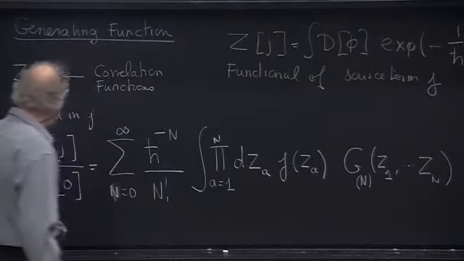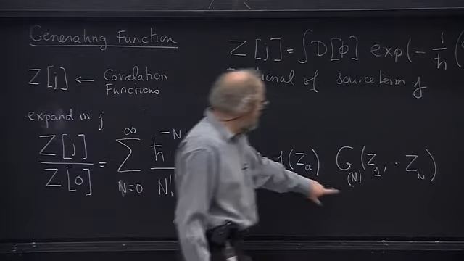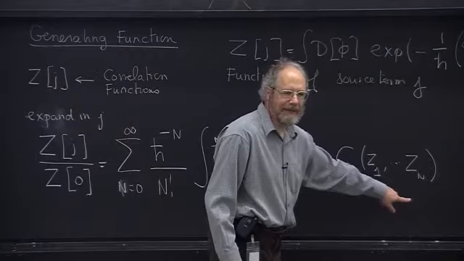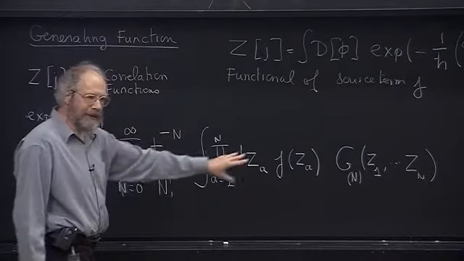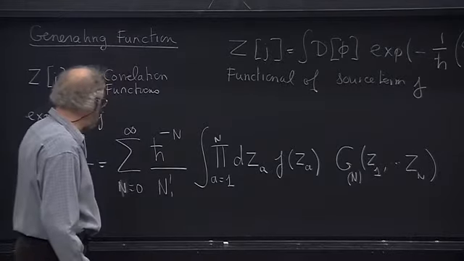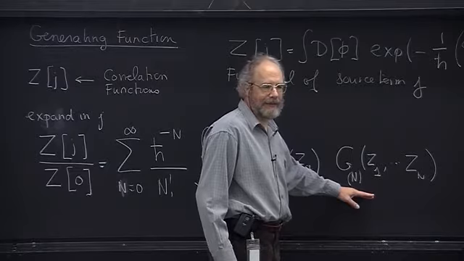So you see, this object contains all the information, all the Green functions. It's a formal sum, but it's a series in g that contains all the correlation functions.